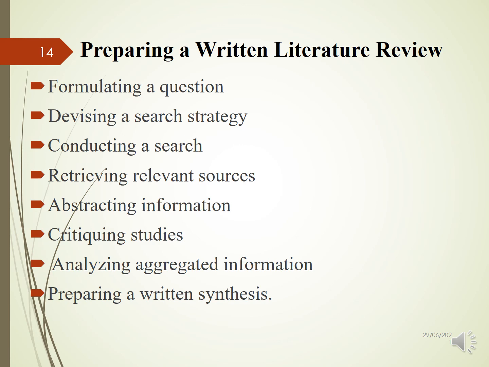You read and then you abstract the information. Then you need to critique the information or the studies. Then you analyze the aggregated information. Then finally, you prepare a written synthesis. So if you want to write a literature review, these are the processes you need to go through.